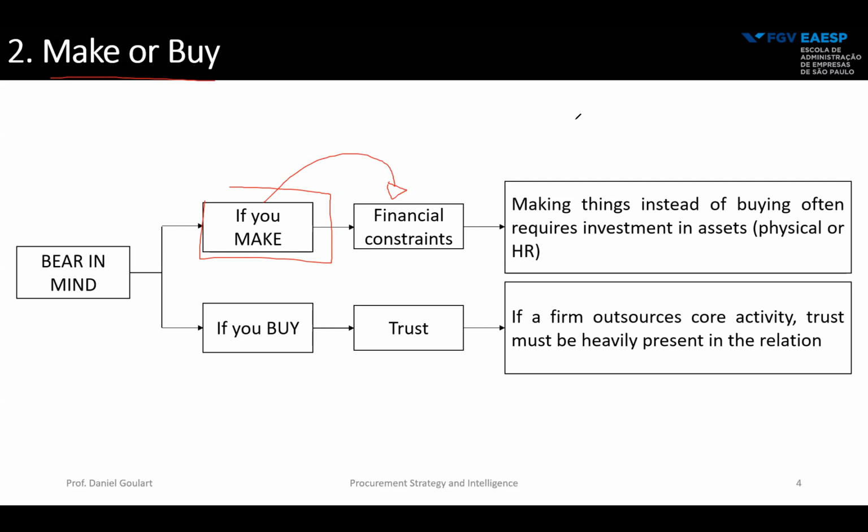We need to be concerned about the financial availability to make, right? If I decide to buy my suppliers, if I decide to go upstream in my supply chain and integrate vertically my suppliers, if I decide to do in-house what my suppliers are doing currently, I need to have money. I need to spend, right? I need to buy them.